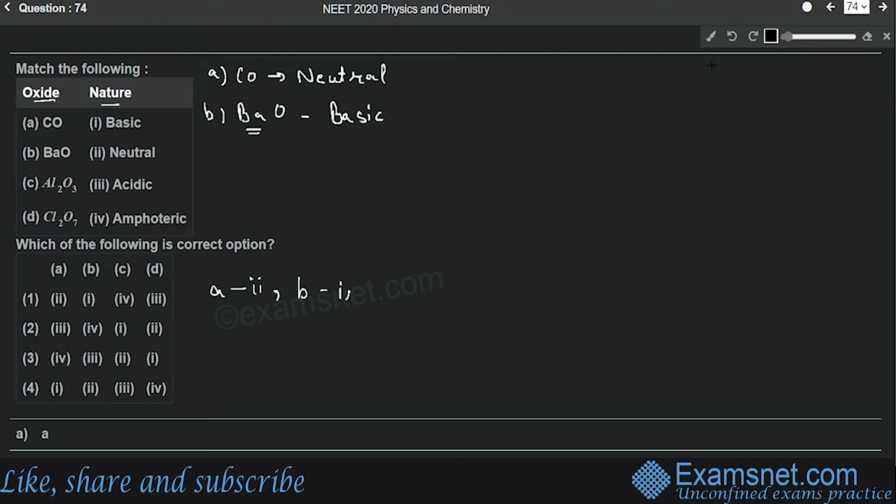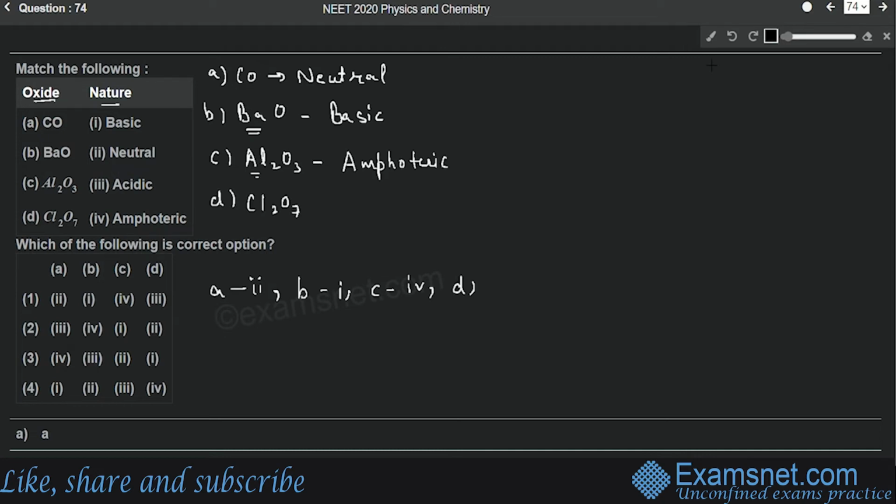Now the third one is aluminium oxide. Aluminium is also a metal, but it is exceptional in that it is amphoteric. That means it shows the property of acidic oxide as well as basic oxide. So the correct match for C will be number 4. And the last one is Cl2O7.